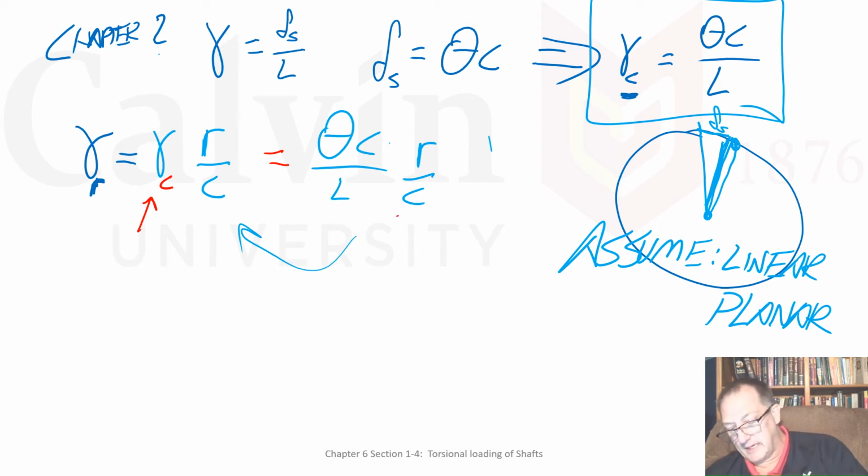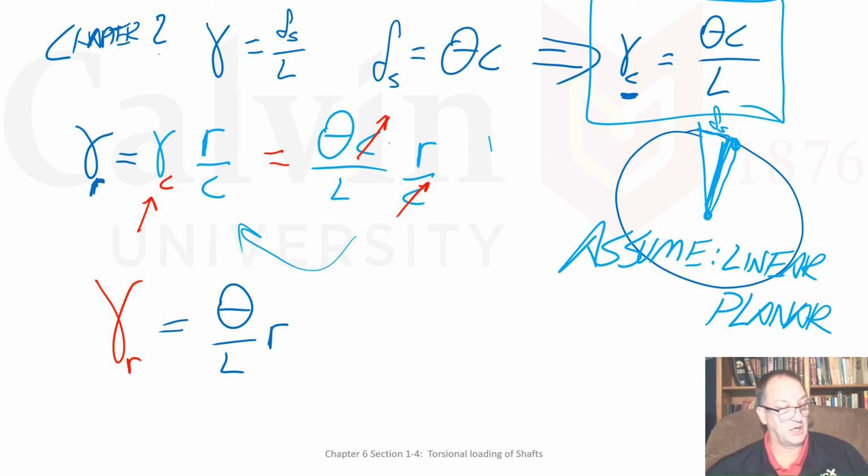Those cancel. So now you've got gamma at any radius is equal to theta over L times R. Sorry, theta, yes. That's what I need to work with. All right?